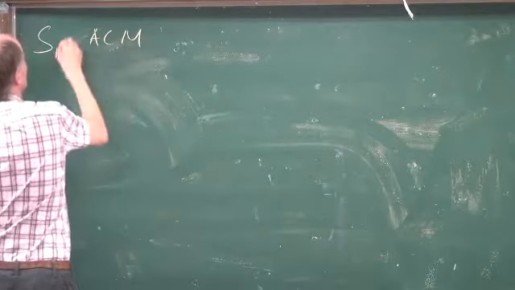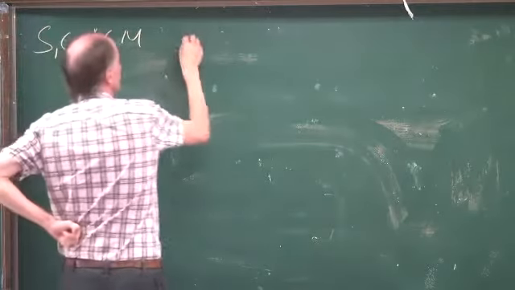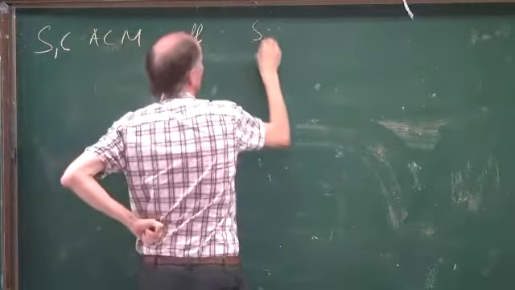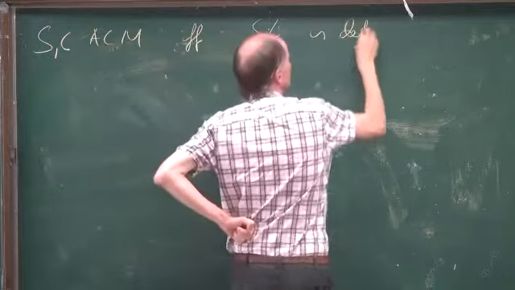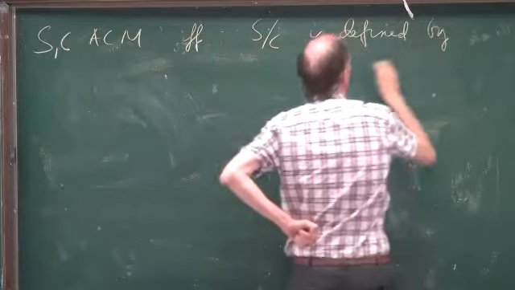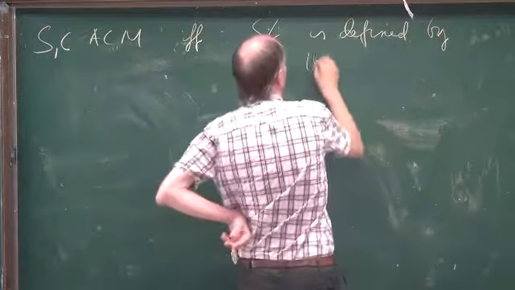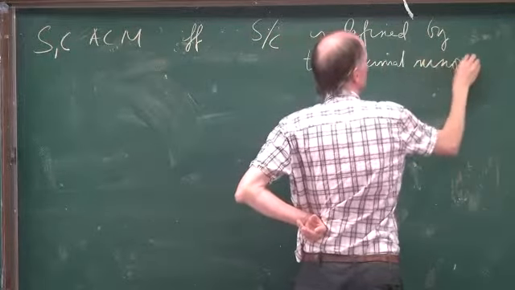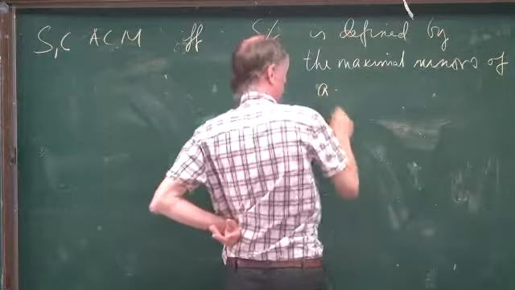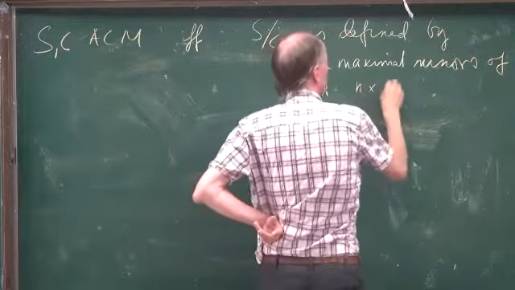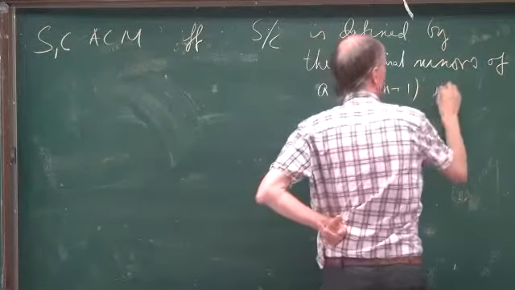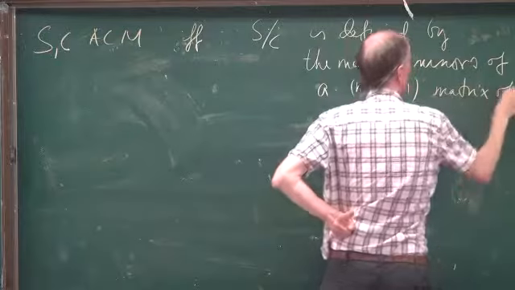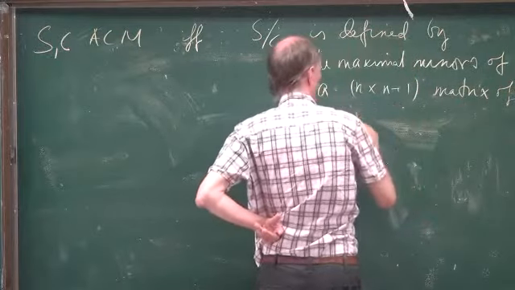And mind you, S is ACM, or C is ACM, if and only if S or C is defined by the maximum minors of an n by n plus 1 matrix of linear forms or of polynomial forms.